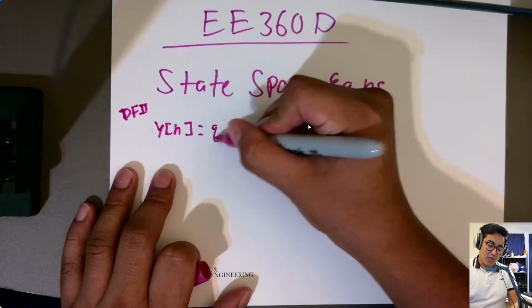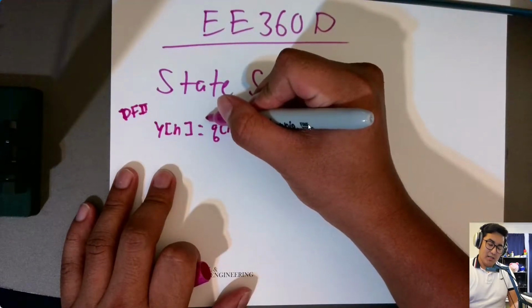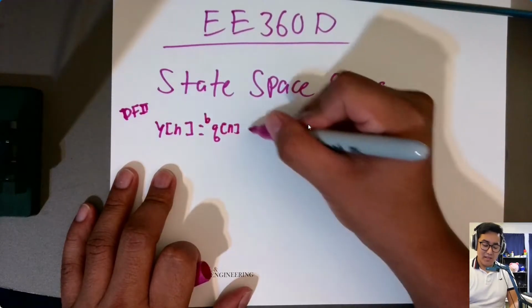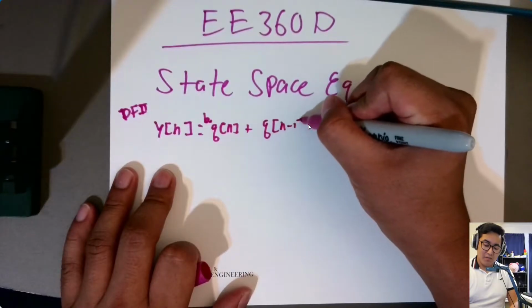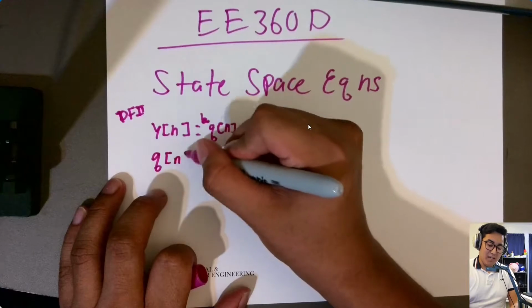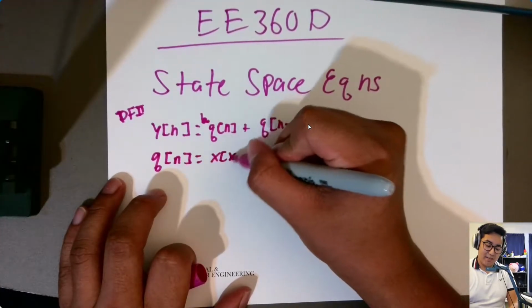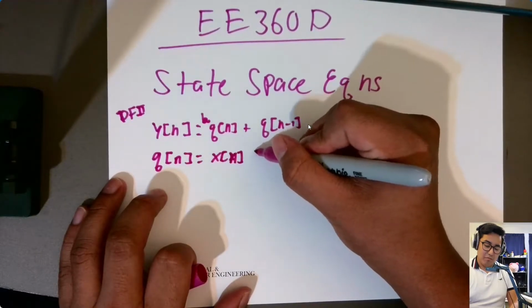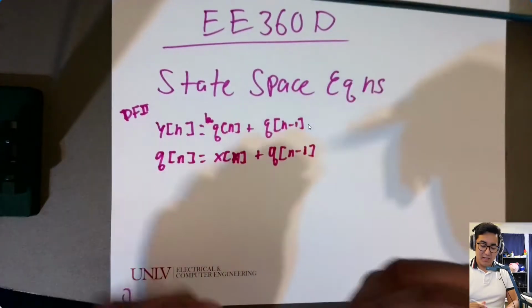It was some internal node Q of n plus some gains, B0 plus Q of n minus 1. And then we would have to solve for our internal nodes, which would be a function of x of n plus maybe another internal node itself.